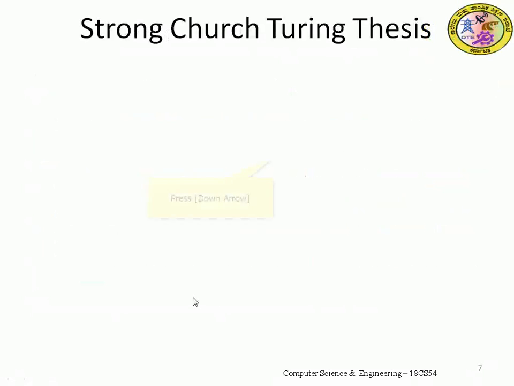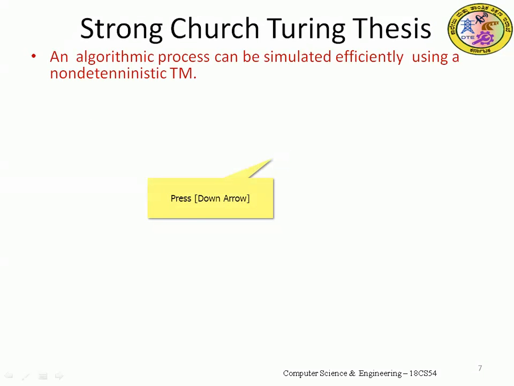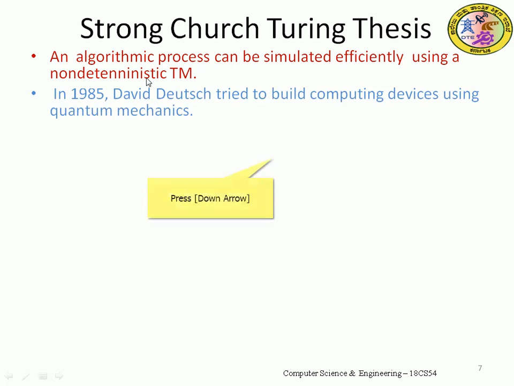The strong thesis of Church: an algorithmic process can be simulated efficiently using a non-deterministic Turing machine. So this procedure can be brought out from the non-deterministic Turing machine.